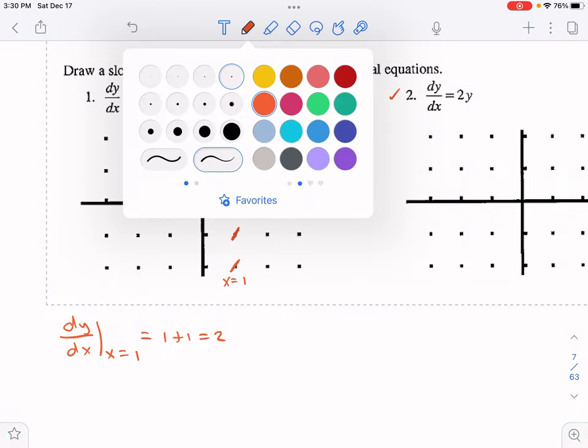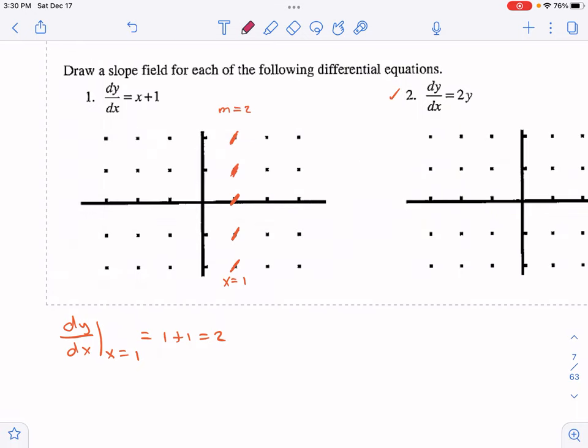Let me just use a different color maybe for the next one. Let's say x is equal to 2. dy/dx when x equals 2, I plug that into my derivative, 2 plus 1. I get 3. Now, you're not aiming for the perfectly precise representation of a slope of 3.